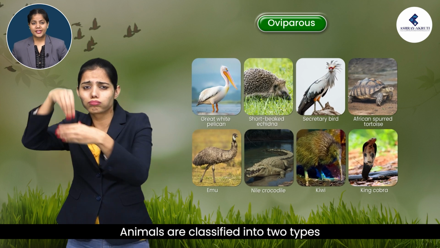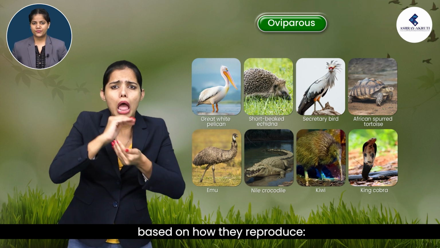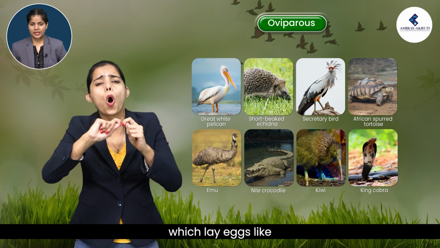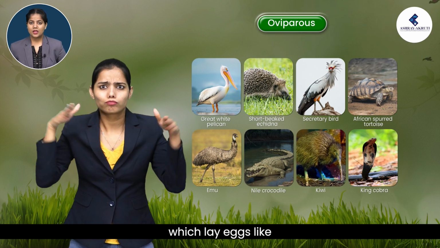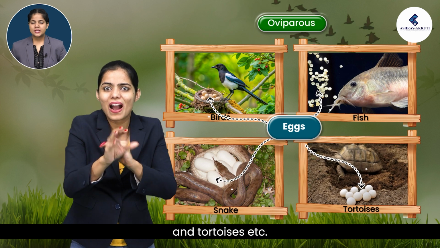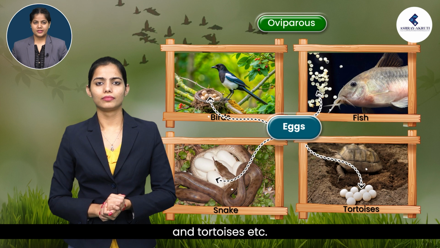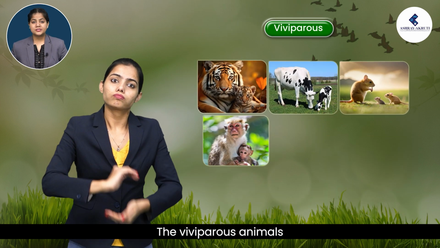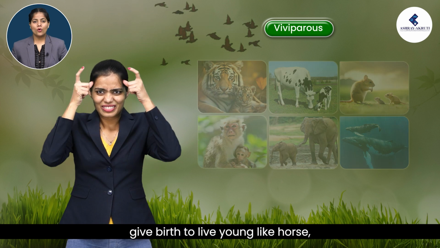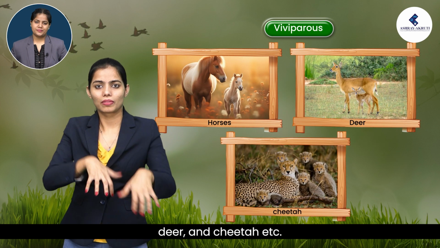Animals are classified into two types based on how they reproduce: oviparous animals, which lay eggs, like birds, fish, snakes, and tortoises, etc. The viviparous animals give birth to live young, like horses, deer, and cheetahs, etc.